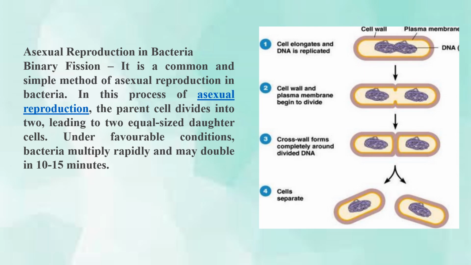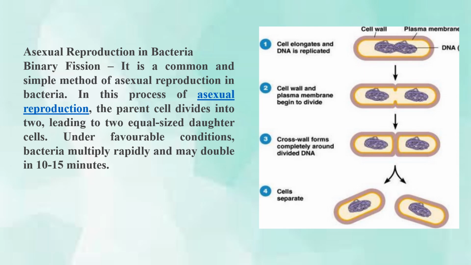Then a septum is formed in the single cell, because there are two equally shared DNAs, and the cell wall and the plasma membrane are divided, and complete cross section is done, and slowly the individual bacteria cell is completely divided into two equal DNAs.